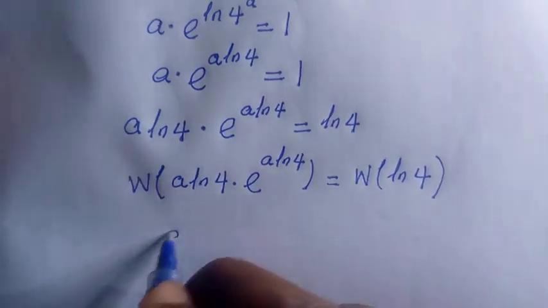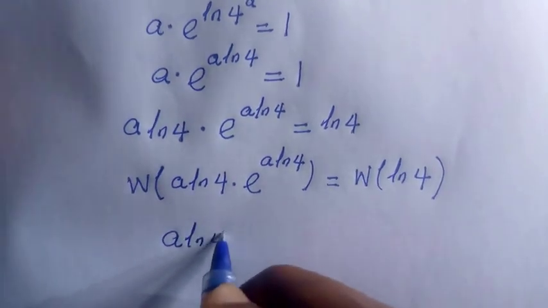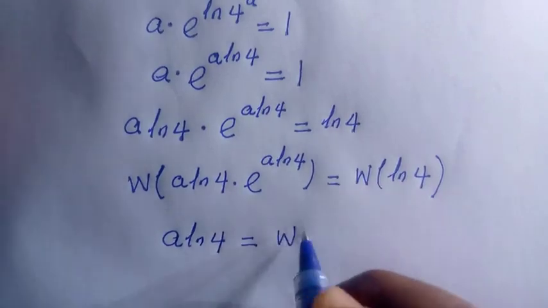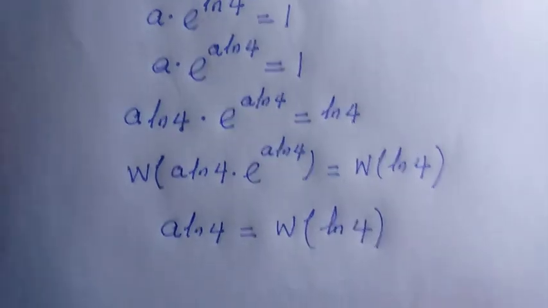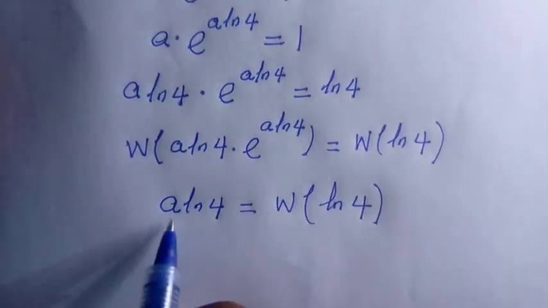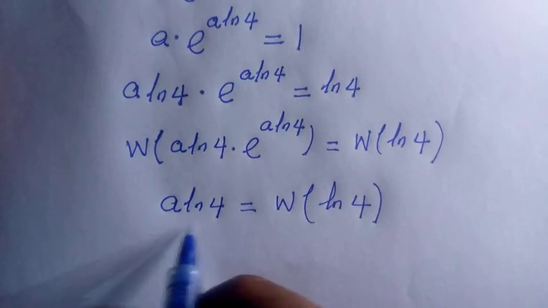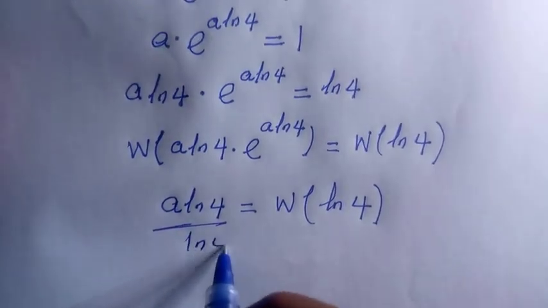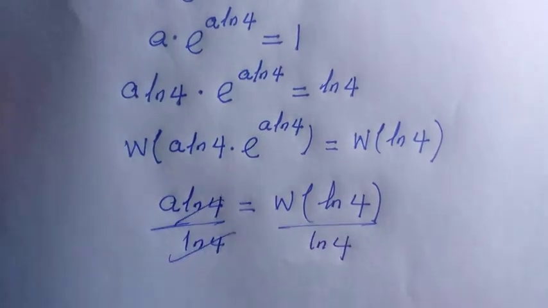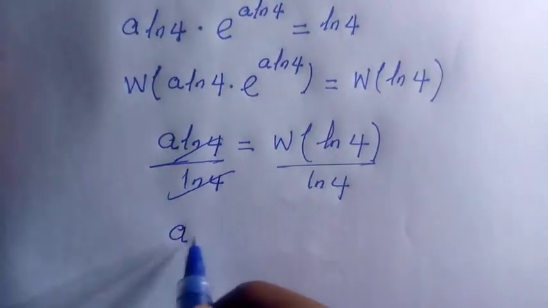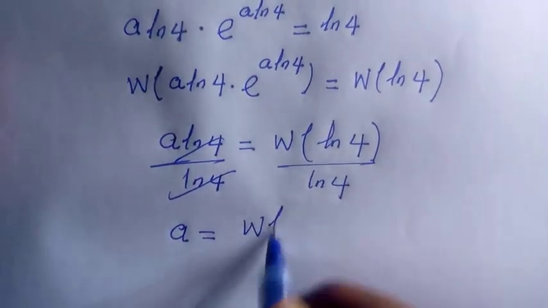By taking a ln 4, we have a ln 4 equals the omega of ln 4. But here we need to know the value of a, so we divide both sides by ln 4, so that a equals the omega of ln 4 divided by ln 4.